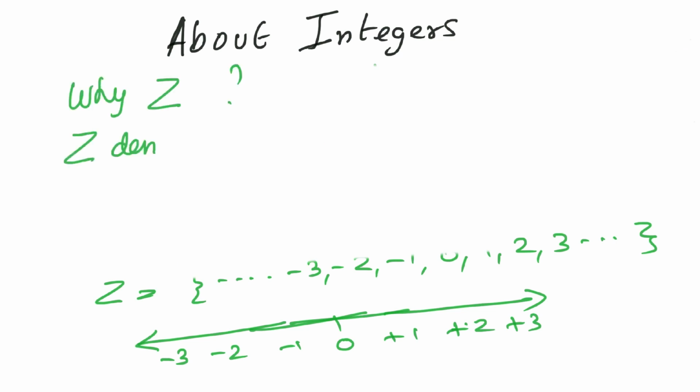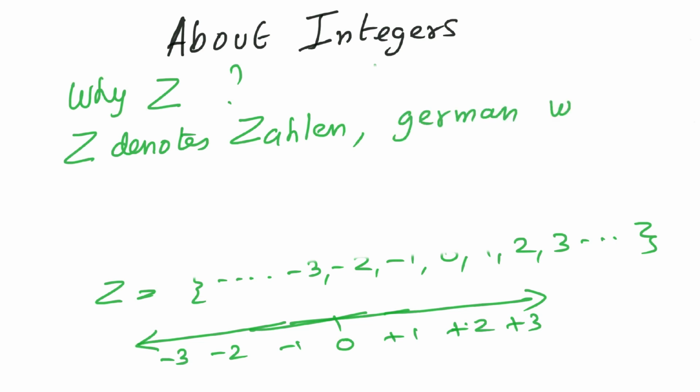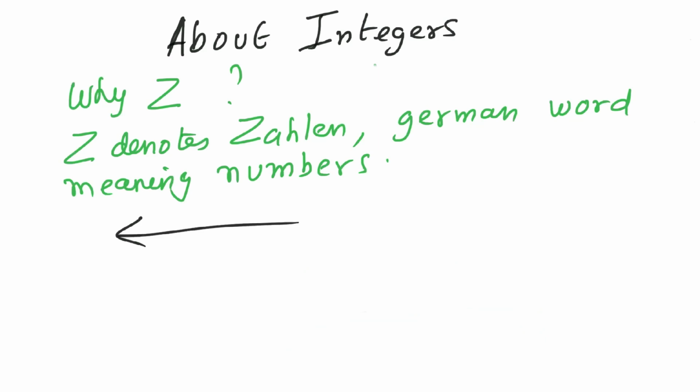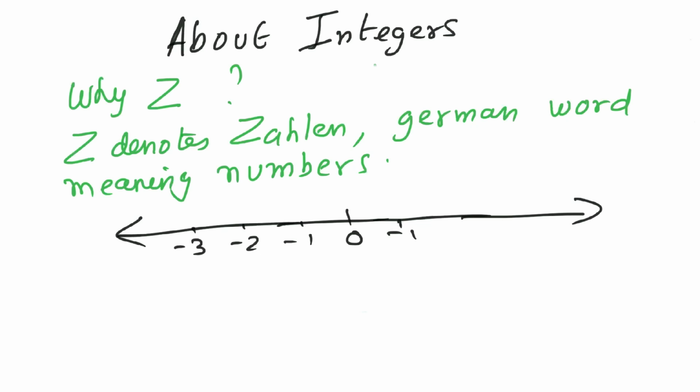And an interesting question would be, what is this capital Z? It denotes Zahlen, which is a German word which stands for numbers, and it is not simply some kind of random choice. Integers are numbers which include negative numbers, positive numbers, as well as zero.